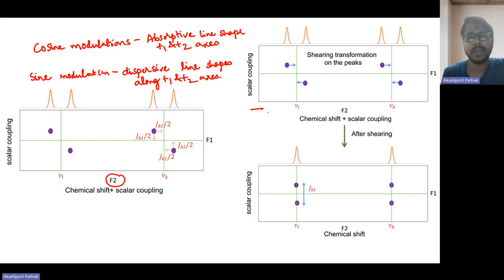This is an experiment that demonstrates this multi-spin system and how this can be done. So what do we see in this figure? Basically, we see that the coupling information is present along both the axes.